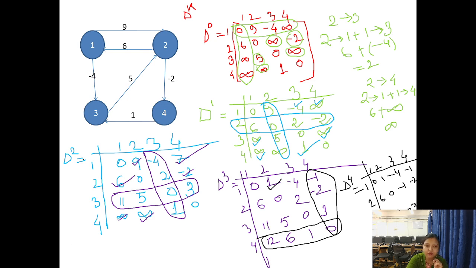Similarly, if we use node number 2 as the via node, then we will get these distances in the table between every pair of vertices. Similarly, if we use via node 3 and node number 4 as the via node. Okay, so this is the idea. So in node 4 ultimately you will get the shortest distance between every pair of vertices, right. So this is the Floyd-Warshall algorithm.